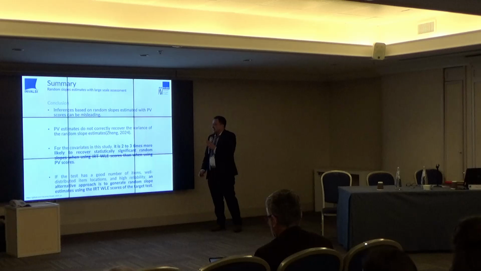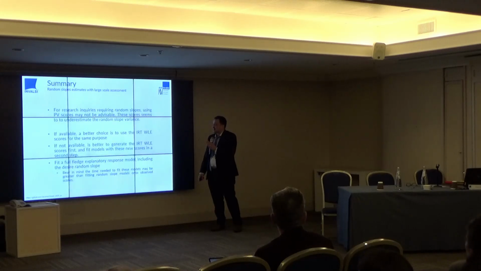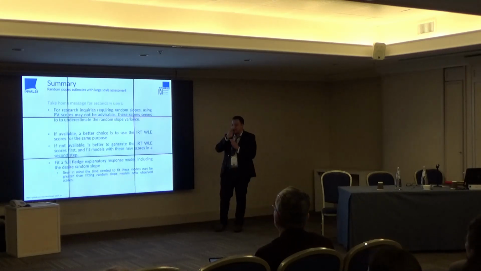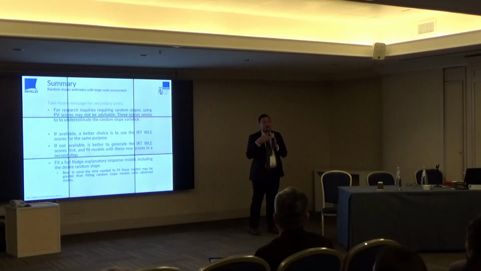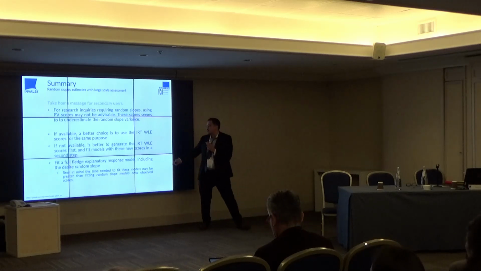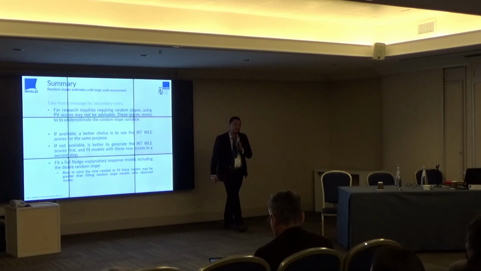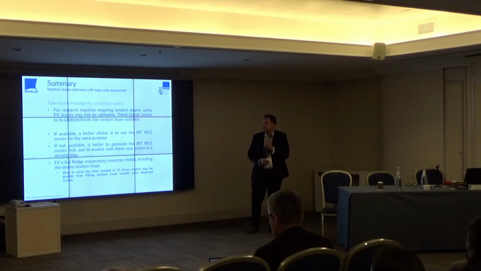As a take-home message for secondary users, if you're really in this specific niche of needing to estimate random slopes, it seems that the weighted least estimates is a better tool to do it instead of using the plausible values.